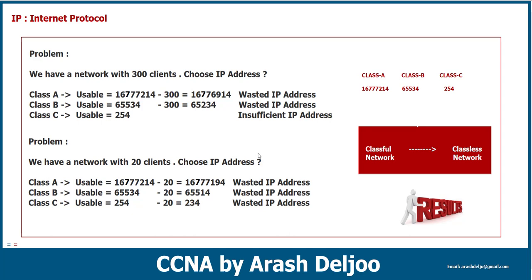But until now, we can understand the inefficiency of the classful networks, or the IP address class rules. Now we can better understand the rules that we call classless IP addressing, or some concepts such as the subnet mask and other topics in the newest method of IP addressing. We call it classless networking.